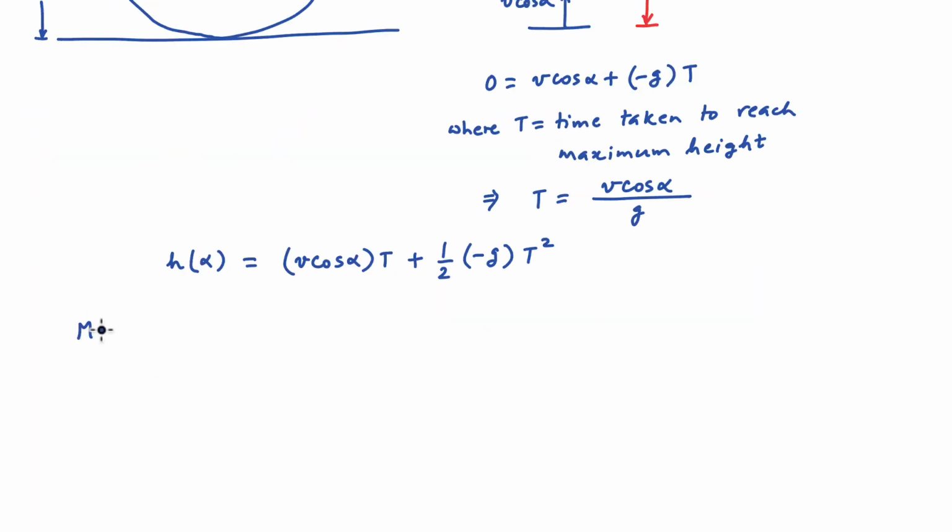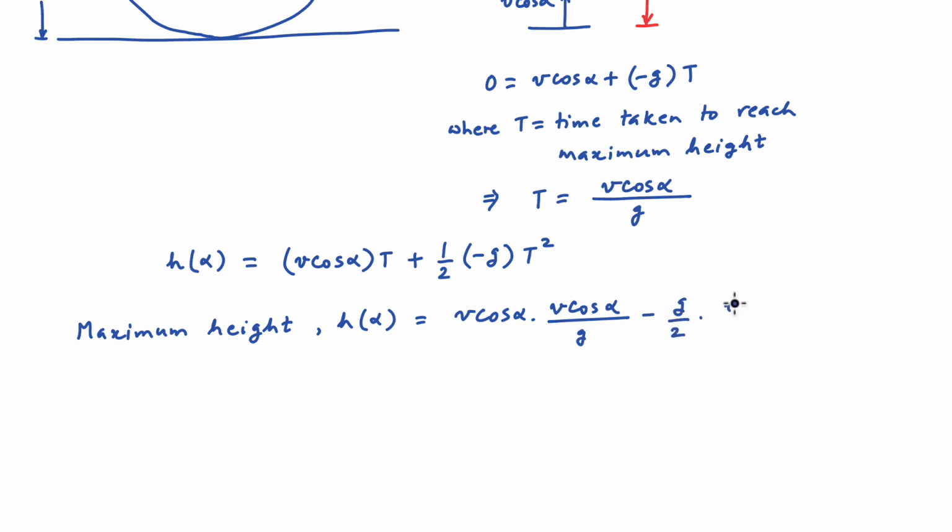Now to find the maximum height h of alpha, we plug in the value of T determined above. Therefore, h of alpha is equal to v cos alpha times v cos alpha upon g minus g upon 2 times v square cos square alpha upon g square.